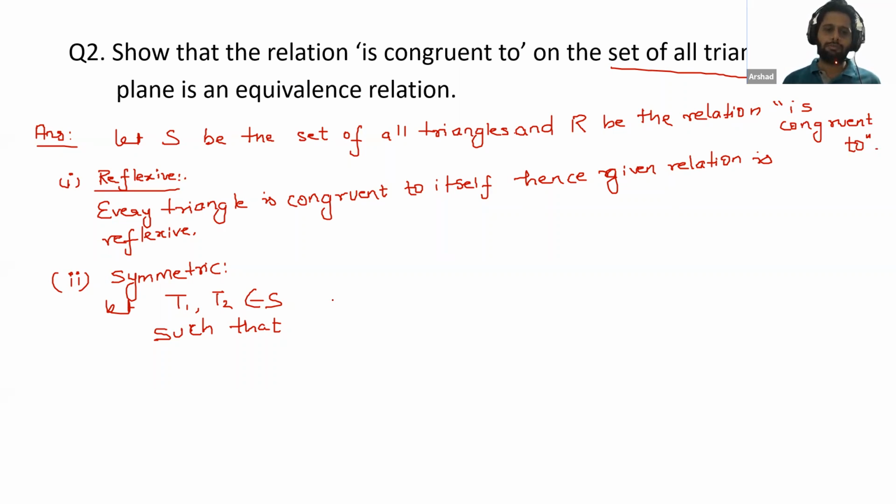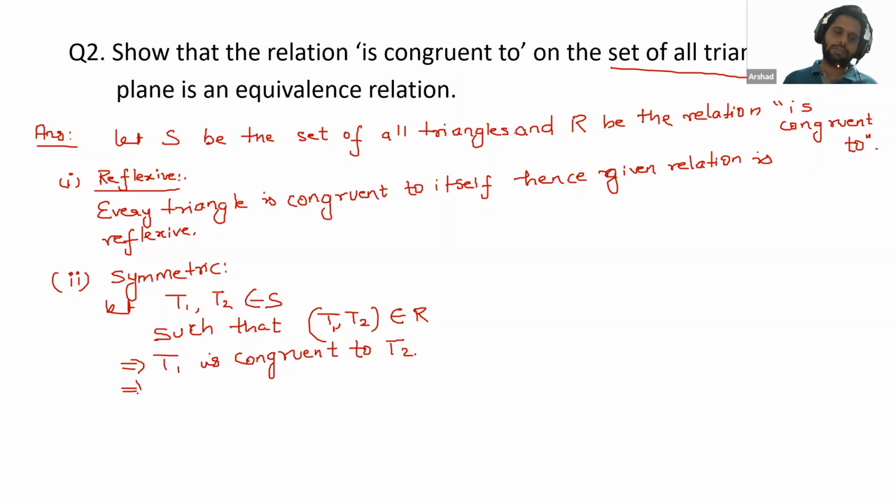Now for the symmetric, let T1, T2 belong to S, that is the set of all triangles, such that the ordered pair T1, T2 belongs to R. So we have assumed that we have two triangles which belong to the relation R. That means T1 is congruent to T2.